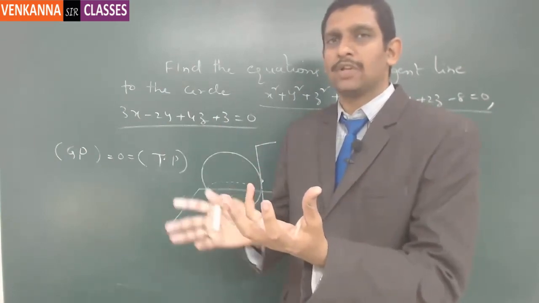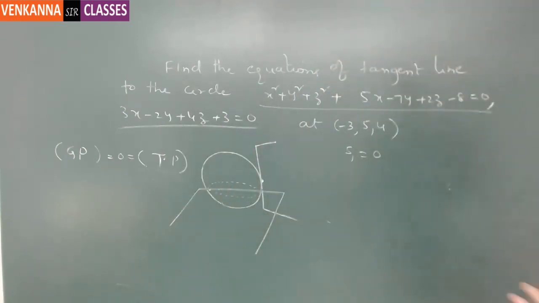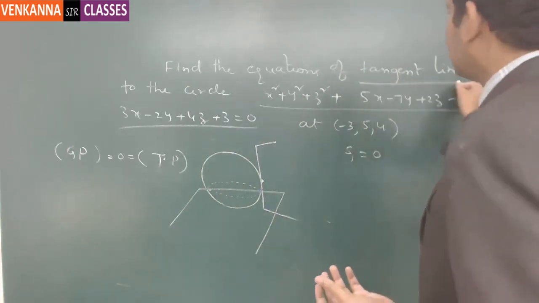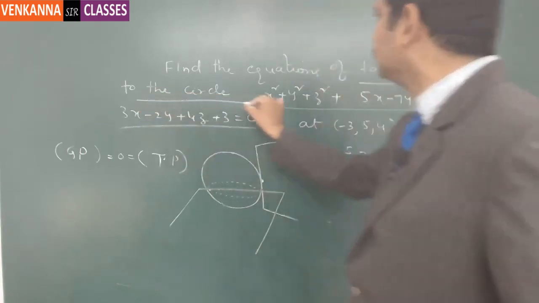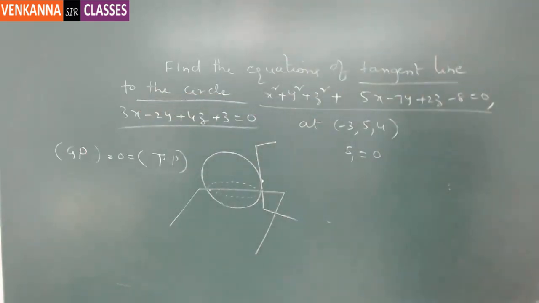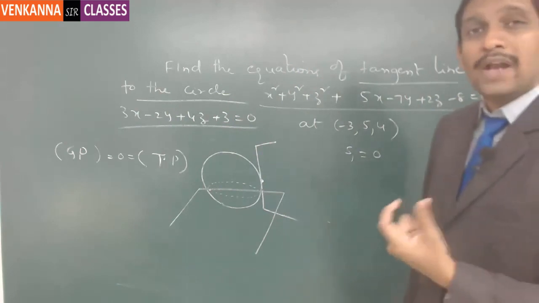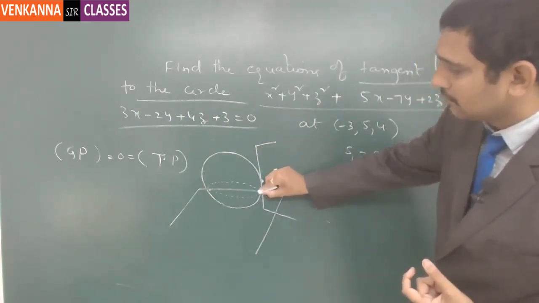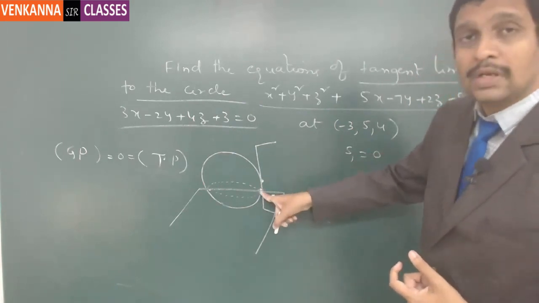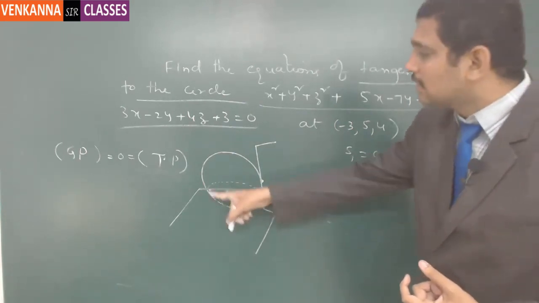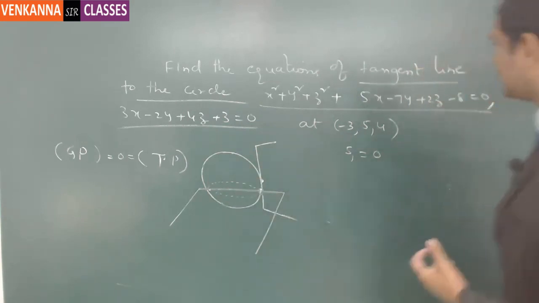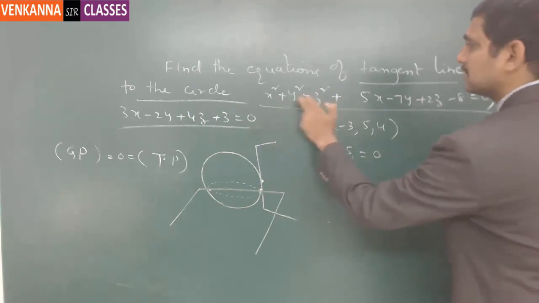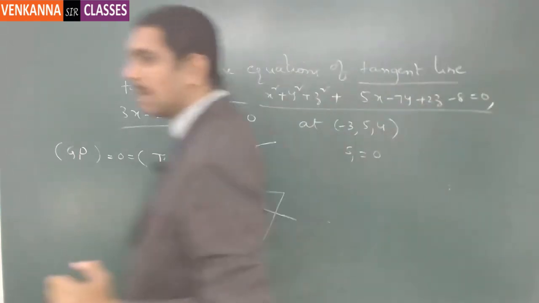You just forget about that, and please understand that the tangent line is to the circle. Where the point is, it is at this point. So the point lies on the circle. So can you say that the given point satisfies the two equations, the sphere and the plane equation?